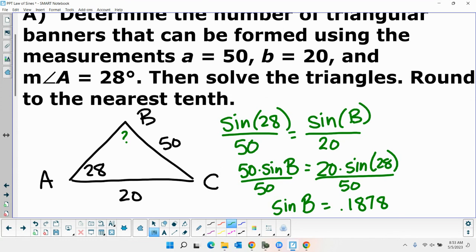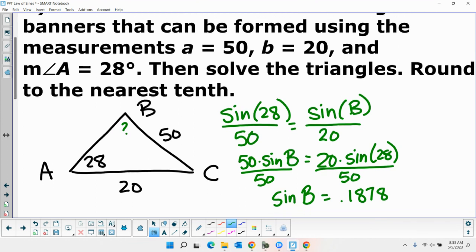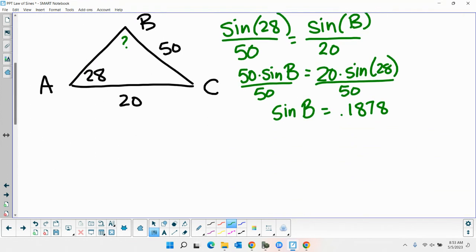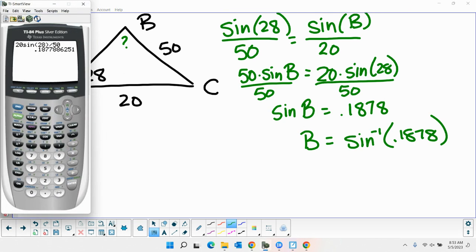All right, so the next step, this is the extra step you have to do to find the angle B, is inverse sine. Okay, let me show you how to do that on your calculator.